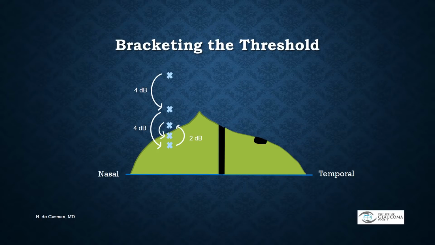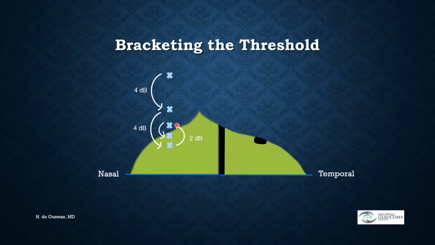This is an example of how a full threshold algorithm will determine the patient's threshold. It starts with a very dim stimulus, and if the patient did not see it, then it gives a 4 decibel brighter stimulus. If the patient still did not see it, it goes brighter again by another 4 decibels, but this time the patient saw it, so now the machine goes dimmer again by 2 decibels.